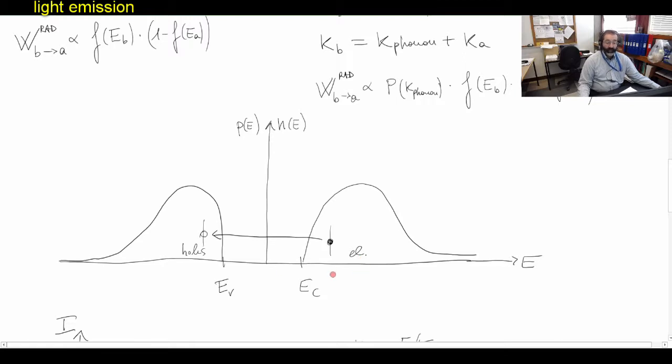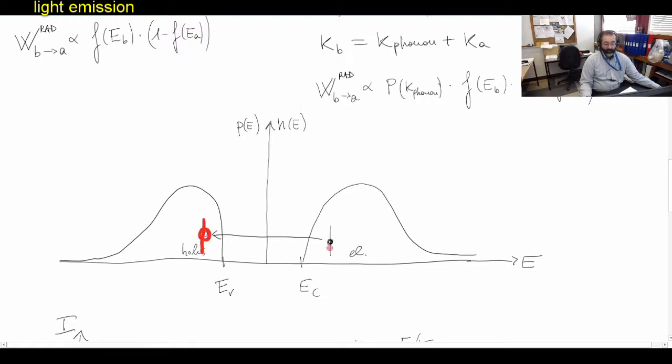The emission process, the light emission, effectively implies that we have a state here. One electron is occupying this state and wants to recombine with a hole that is down here.